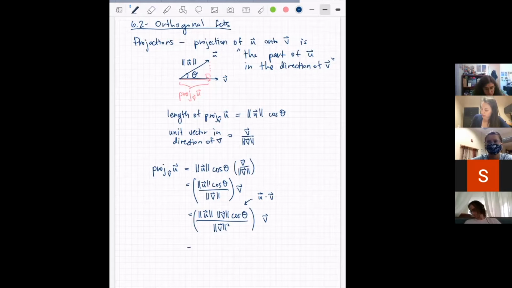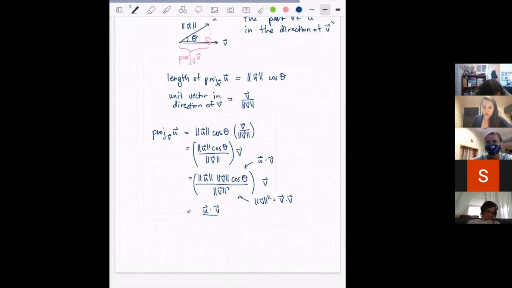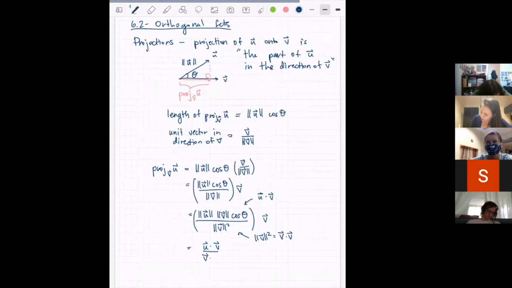So we get U dot V, and then in the denominator, we had last time that the norm of V squared is equal to V dotted with itself, right? So we get U dot V over V dot V and multiply that by the vector V. So this is the formula that you usually use to find the projection, because it's easier to compute the dot products.